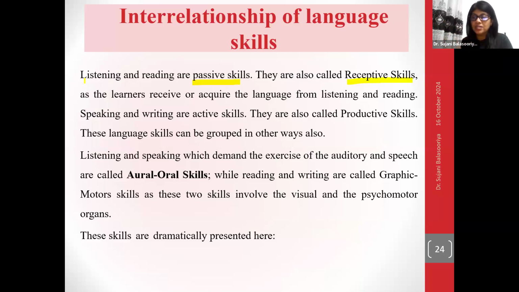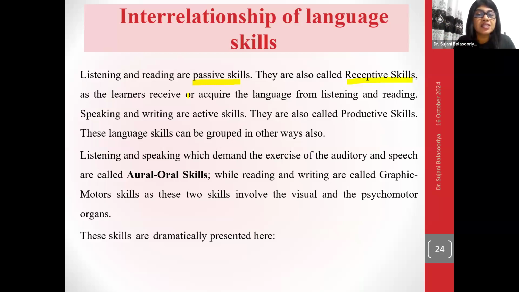It's something that comes from outside to you. The same thing happens when you read, okay? We read something written by somebody else and we try to decipher the message by reading the lines. We try to understand the message conveyed by somebody else. Okay, so they are passive skills or receptive skills.